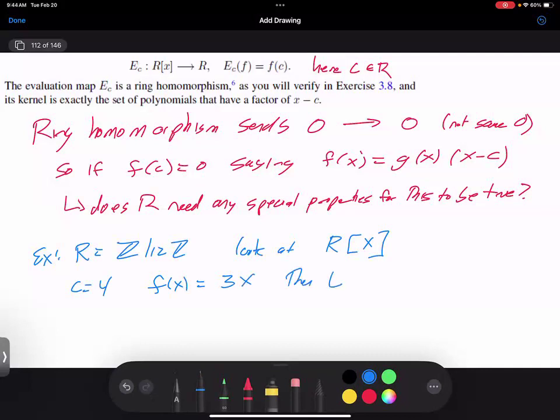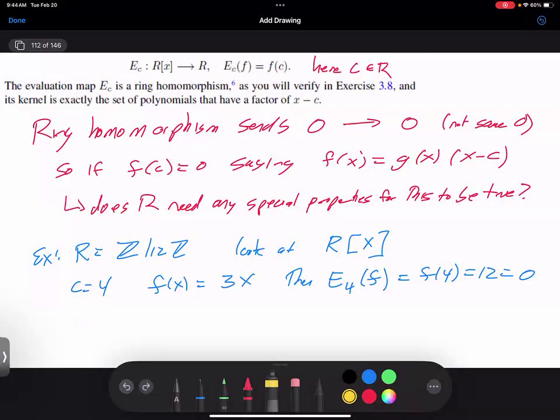Then if I take the evaluation map where my value of c is 4, this is just going to be f of 4, which is 12, which is the 0 element. So is this going to be the same as x minus 4 divides f of x?